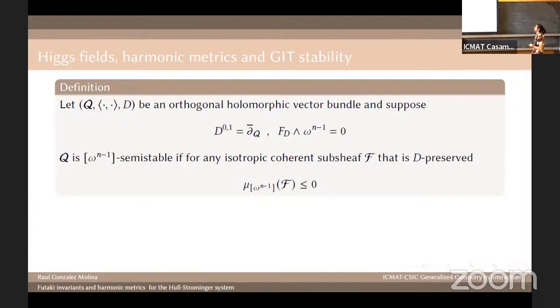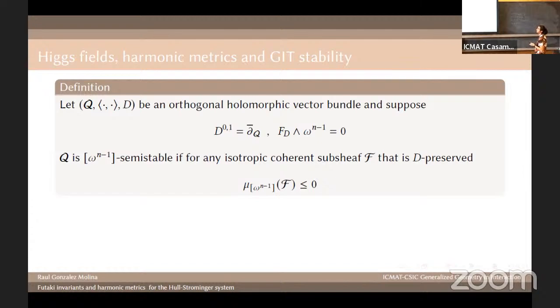Okay, so let me consider a holomorphic vector bundle which has a pairing and a connection, just in the case of holomorphic current algebras in the setting, such that these conditions happen. So the 0,1 part of the connection recovers the holomorphic structure, and such that the Hermitian-Yang-Mills equation for this connection is satisfied.